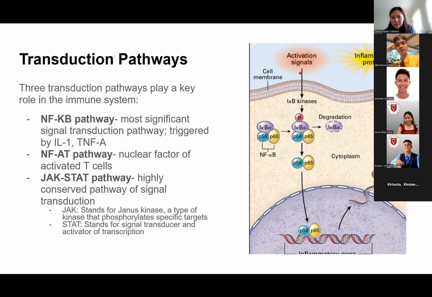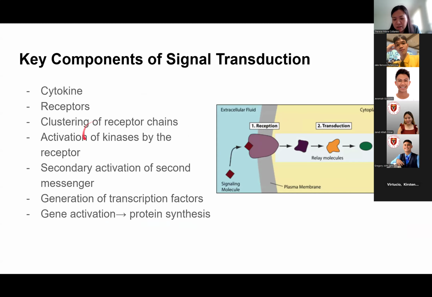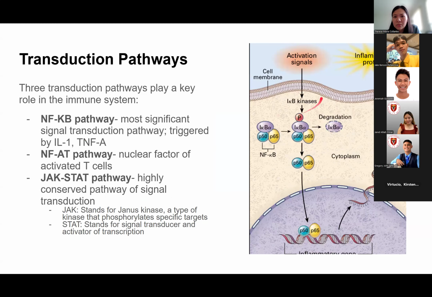But if you analyze this diagram, this is the simplified version of the NF-kappa B pathway. This is the simplest one I could find, okay? But in summary, we have the kinases here. We mentioned the activation of kinase is very important once the signals have been activated.